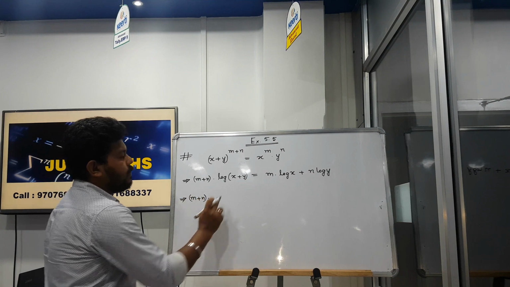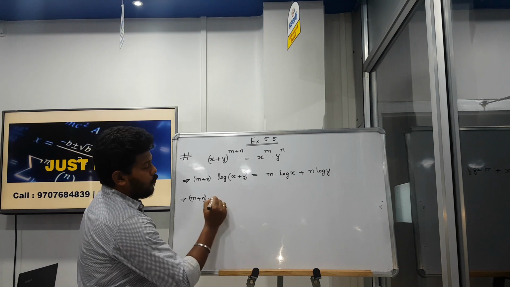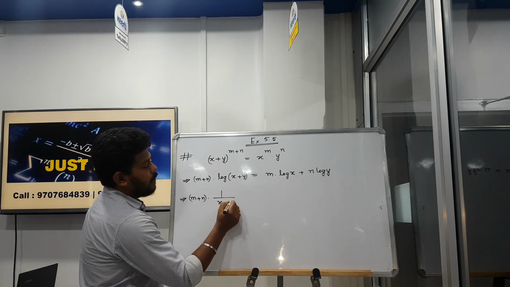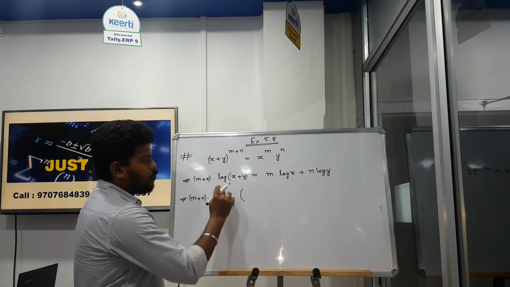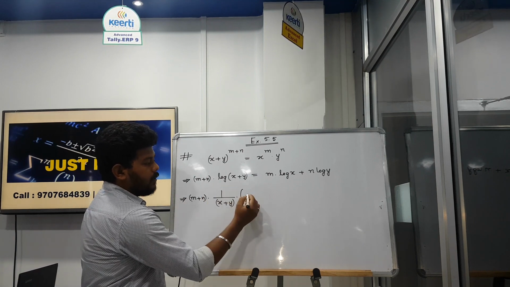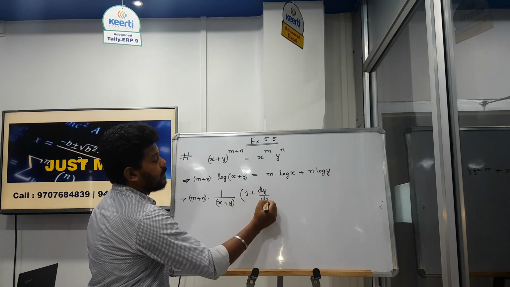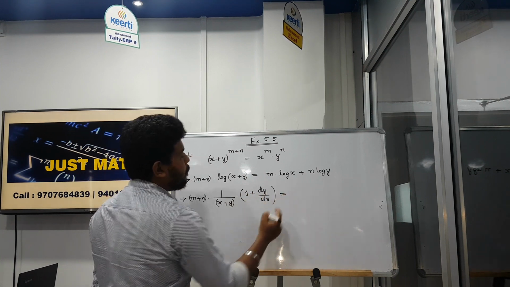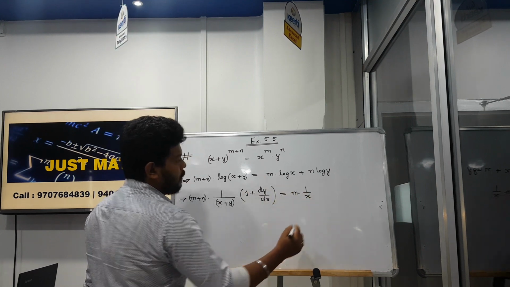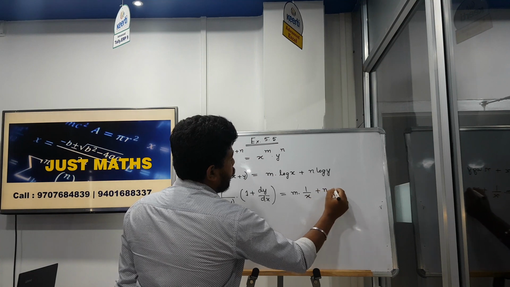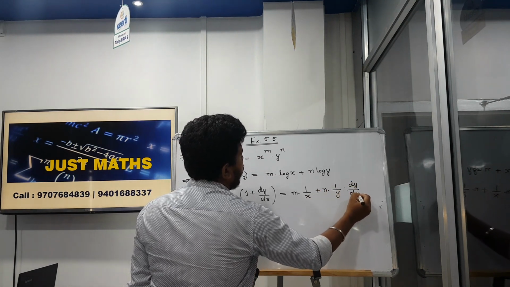If I assume this as a function of x alone, it will be 1 by x plus y. But it is not x, this is x plus y. That's why we will go inside. For x, derivative is 1, and for y it is dy by dx. Similarly, m into, for log x it is 1 by x, plus n into 1 by y. For y it is dy by dx.